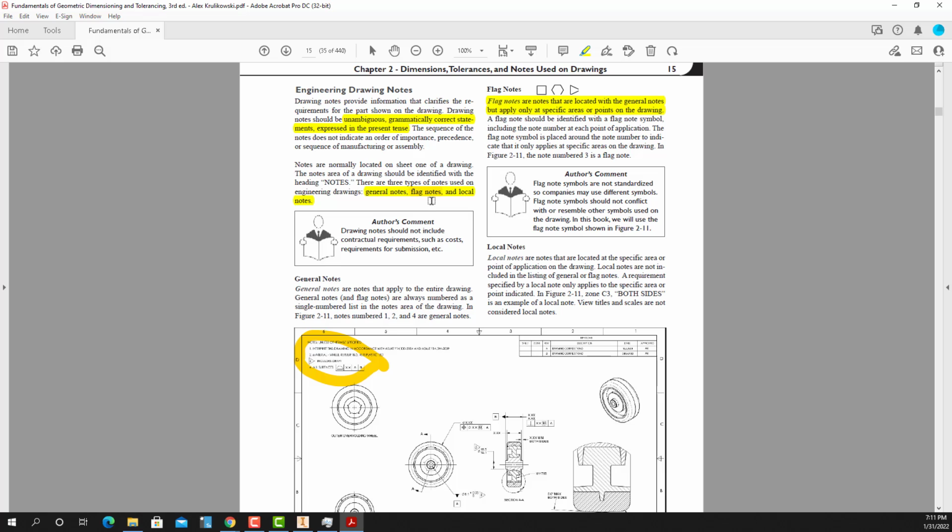So, one real common way to use a flag note is for marking, part number, revision, right? So let's say that I have this part right here, and I'm going to assemble this to another part over here.